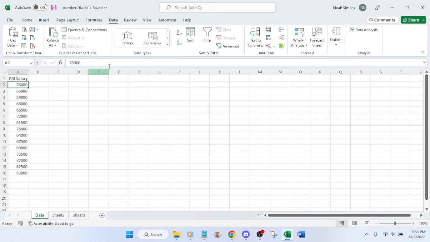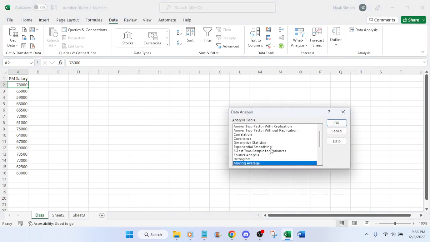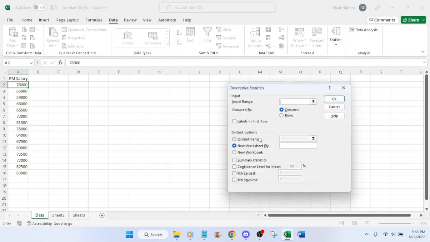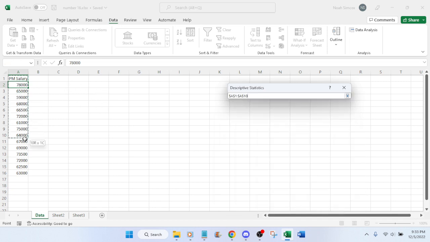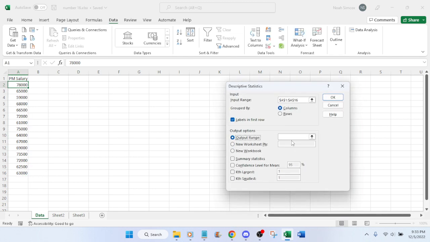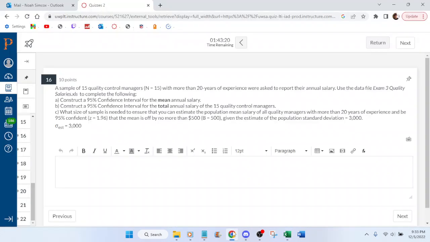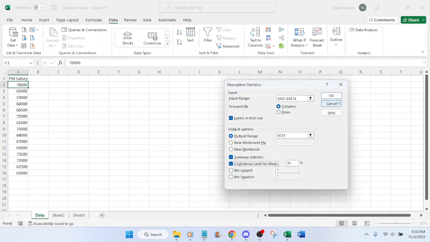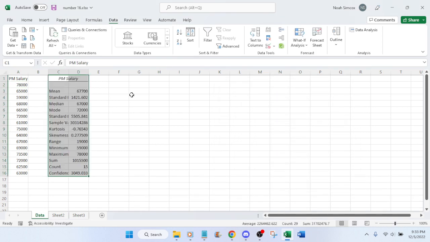Okay. So descriptive, and this input range is going to be this. Labels in first row. Output range is going to be here. And summary, confidence level, 95%. And we're good here. Got that.